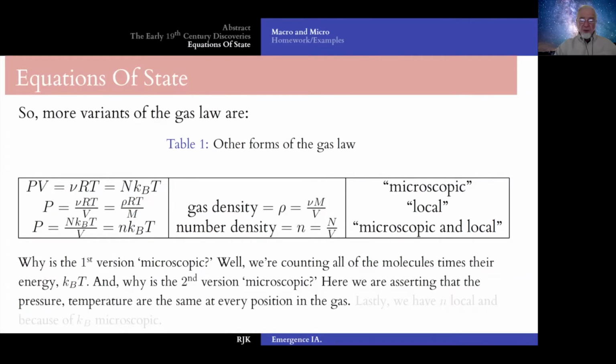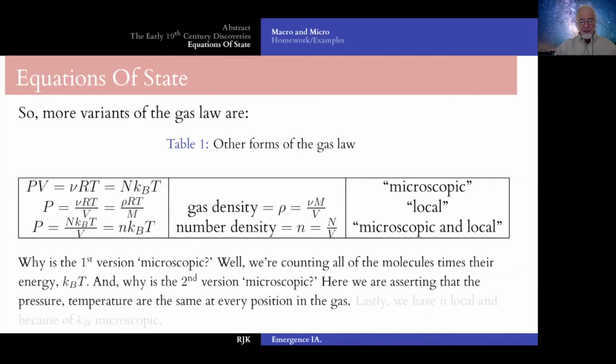The last one is pressure is, of course, what we had before, N times Boltzmann's constant times temperature divided by volume, which is equal to a number density times Boltzmann's constant times temperature.